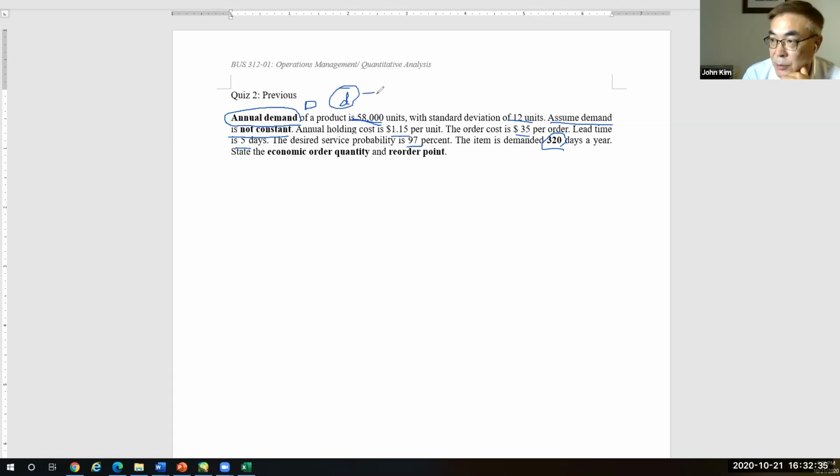If you need D, then times this one, but this one gives annual demand. So Q equals square root of 2 times D, 58,000, times S, which is 35.